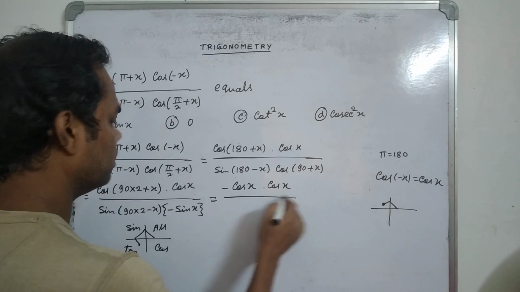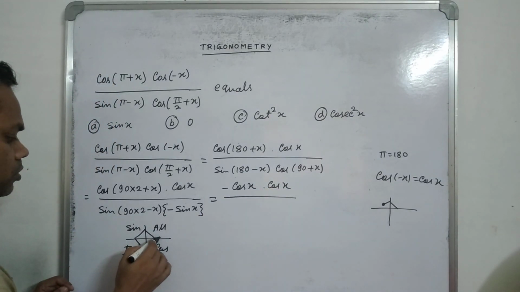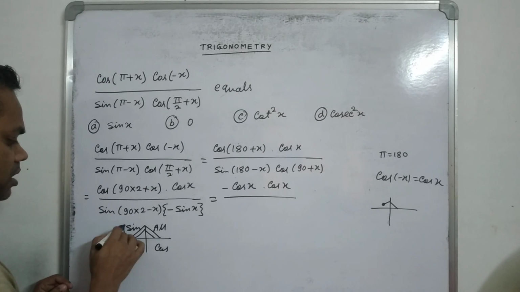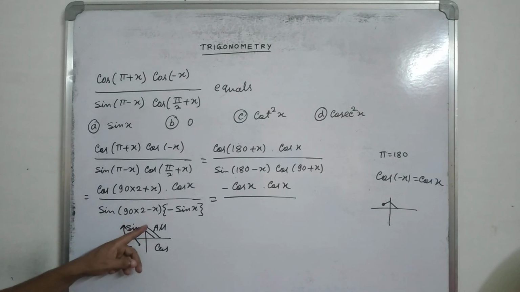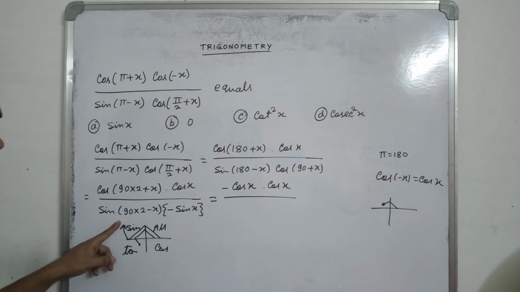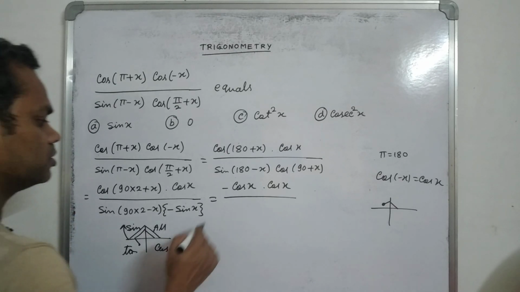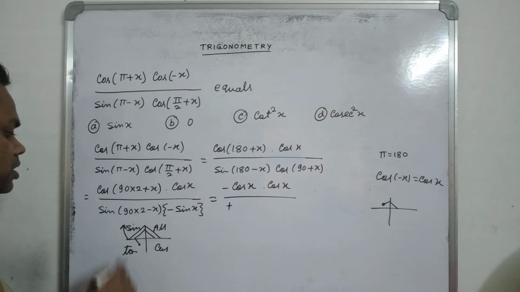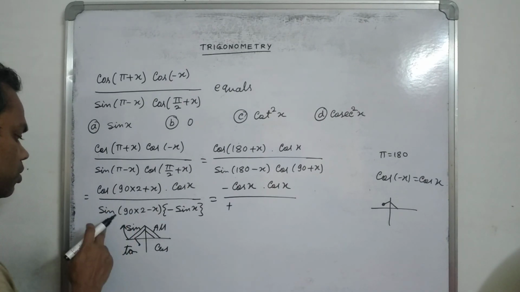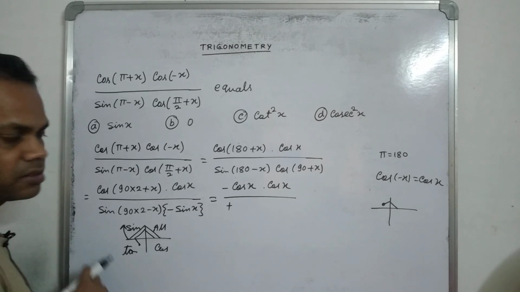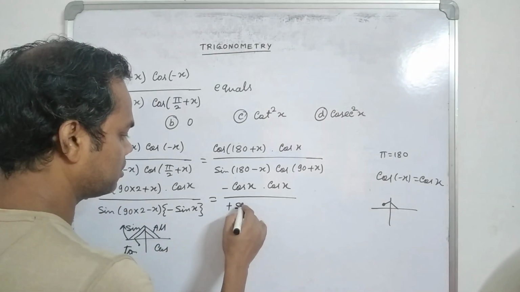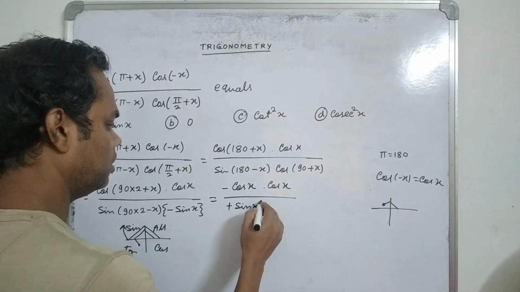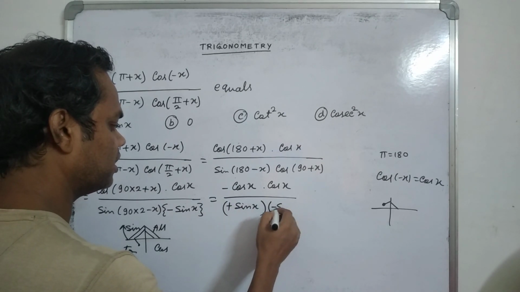In the denominator part, 90 into 2 minus x finally lies in the second quadrant. In the second quadrant sine is positive, so this is positive. 90 into 2 is an even multiple of 90, so sine remains sin, so this is sin x into minus sin x.